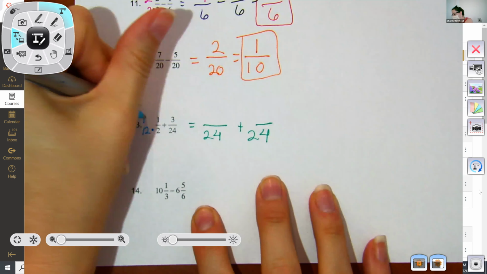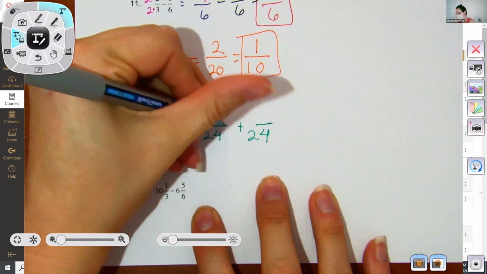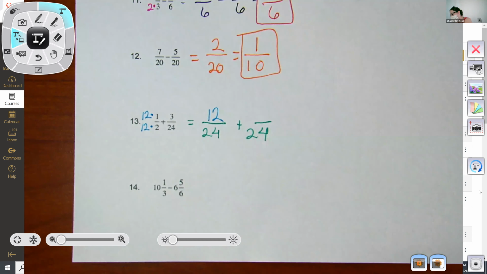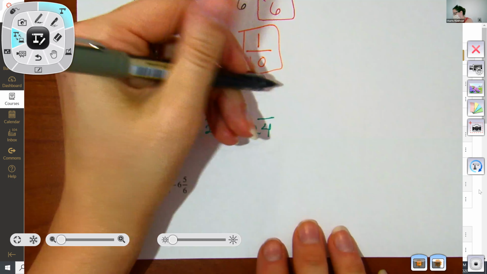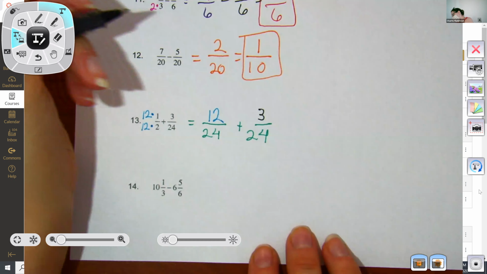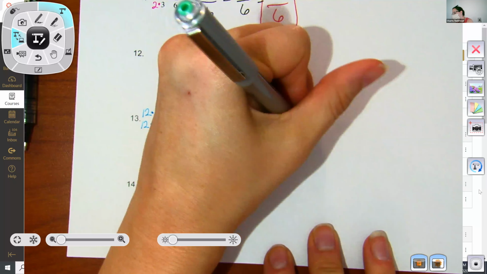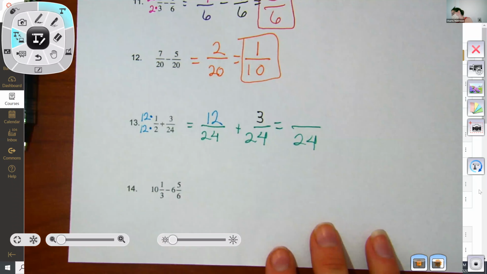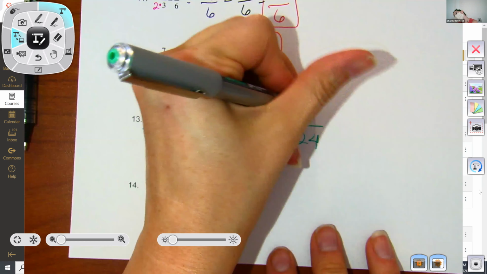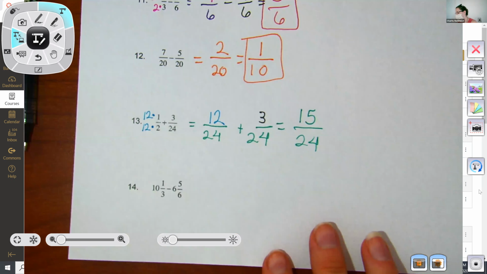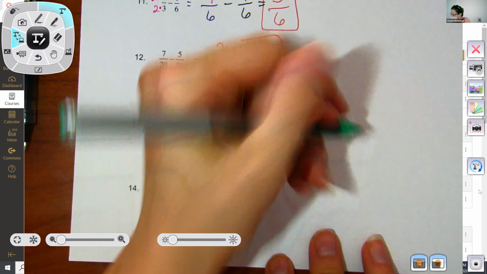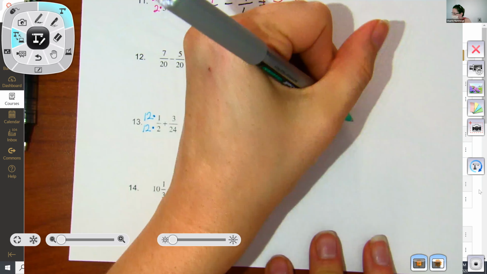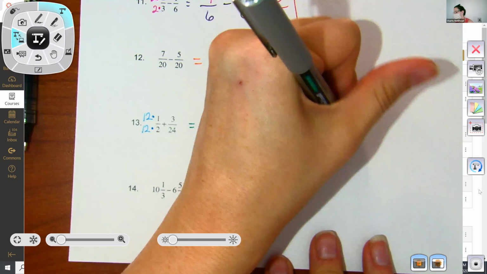That gives you 12 over 24 plus 3 over 24. All right, so the 24 is going to stay the same. And then 12 plus 3 is equal to 15. And we can reduce that by 3's because 3 goes into 15 5 times, 3 goes into 24 8 times. So 5/8.